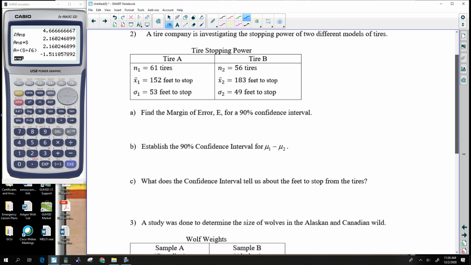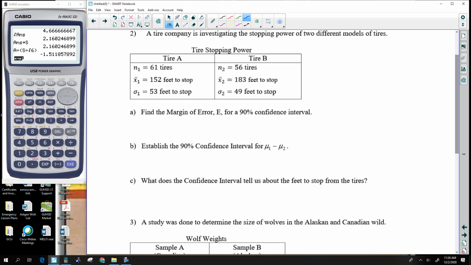Okay, now we go on to the confidence intervals. Sigma and S. This one is a sigma. My margin of error is going to be ZC times the square root of sigma 1 squared divided by N1 plus sigma 2 squared divided by N2.